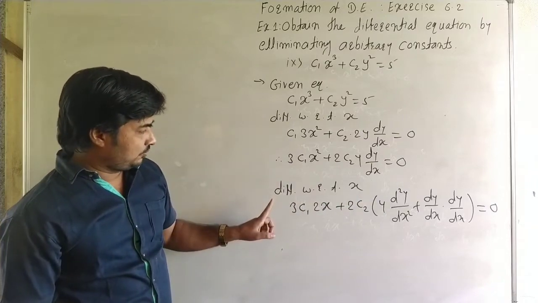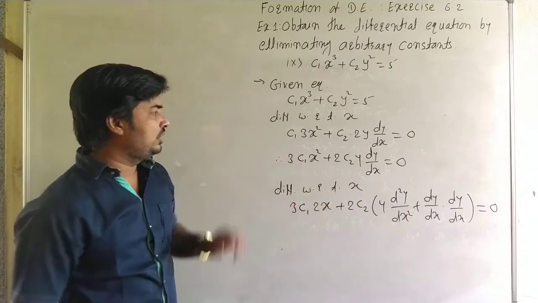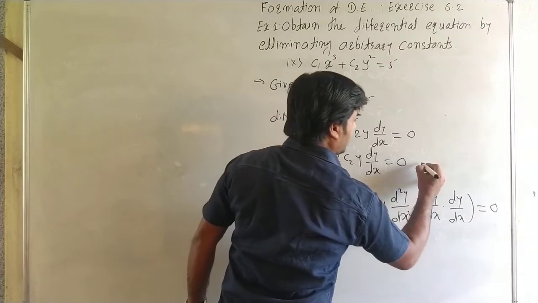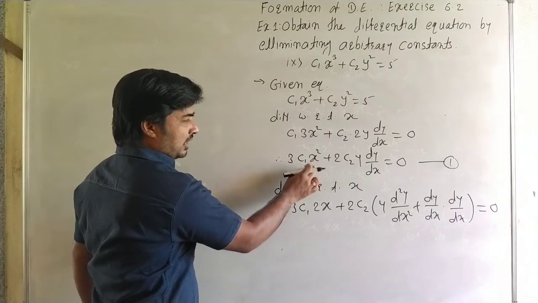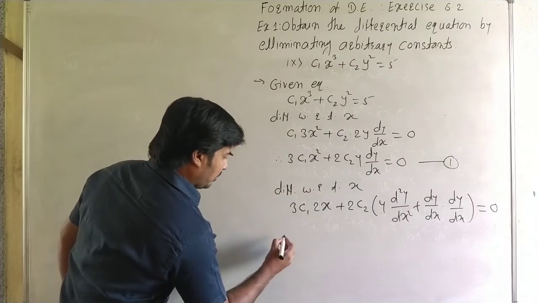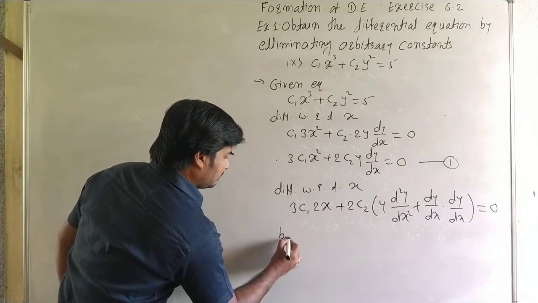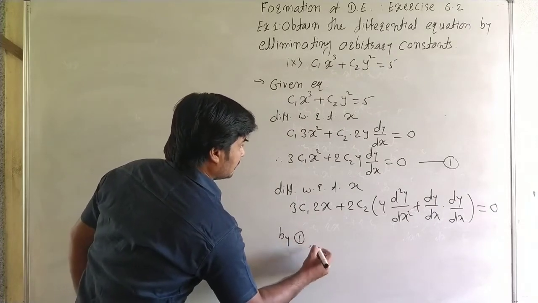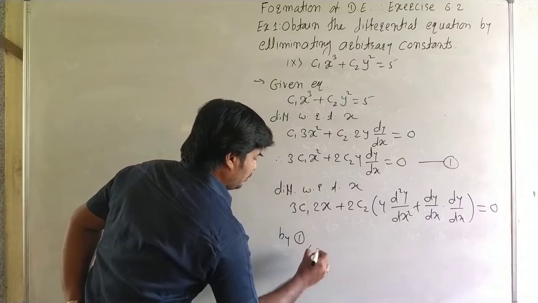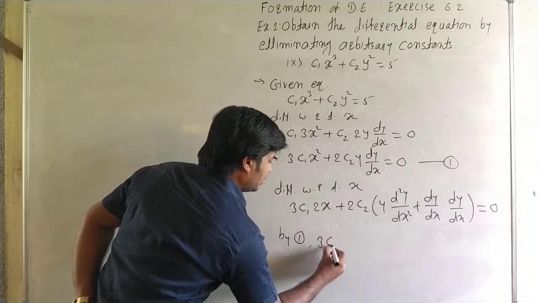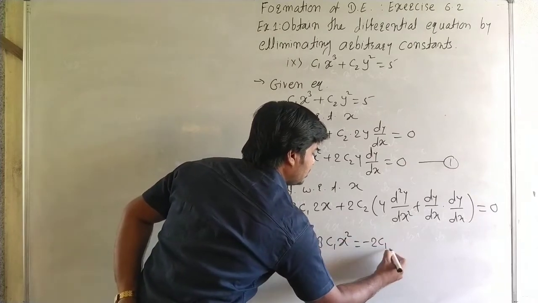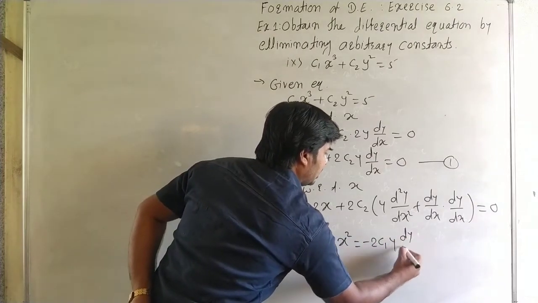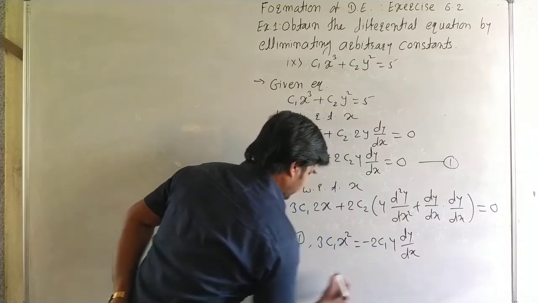So find the value of c1 or c2 in the first derivative, that is equation number 1. Here we find the value of c1 from this and put in the second. Therefore, by equation 1, 3c1x square is equal to minus 2c2y dy by dx.